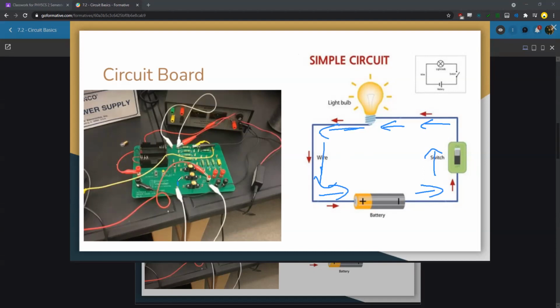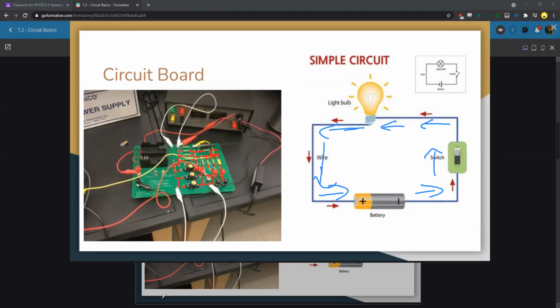You might not see it clearly in this image, but there are tiny lines that connect each of these things that allow electricity to flow through. It might not be clear in the image, but it is clear when you see it up close.